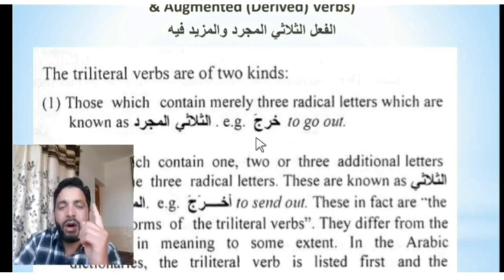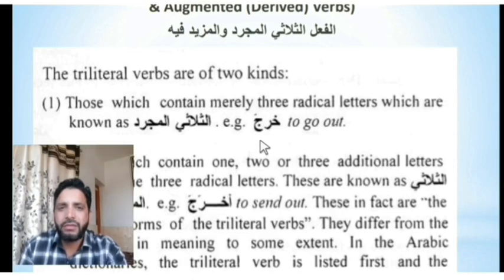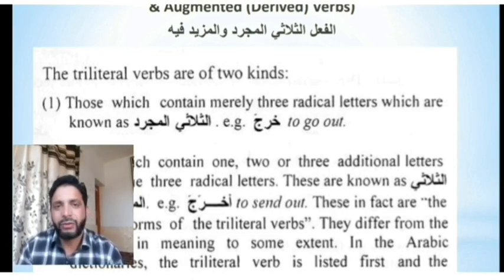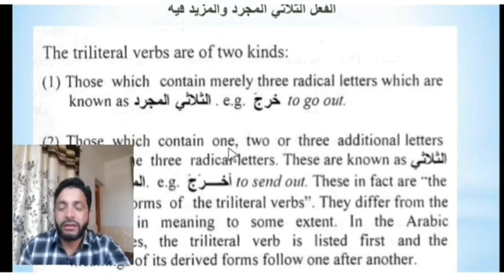Why? Number one, we find three letters in it. Kharaja. Sulasi means trilateral. Al-mujarrad means free from additional letters, because sometimes we add some additional letters to the verbs and their meaning changes, then they will not be called mujarrad.